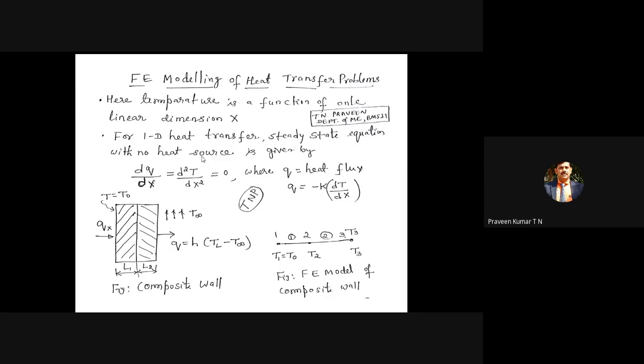I have given some examples of heat sources, like your iron box, which has a heating coil. If you consider the complete engine as one system, within the engine there is a heat generation source, so the heat source is not equal to 0.